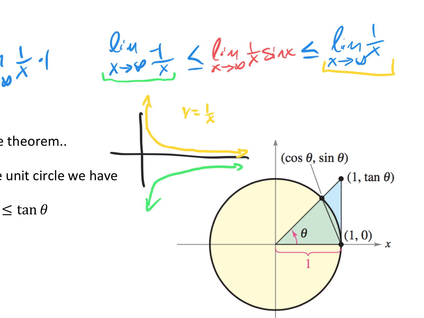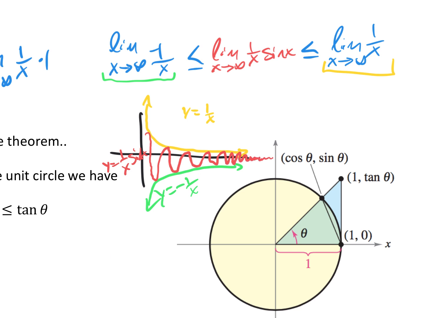Okay, well, what's happening with this red function here, the 1 over x sine x? First of all, let me write this. y equals negative 1 over x. And so y equals 1 over x sine x. Well, that's going to go something like this. It's going to bounce in between these two. It's always smaller than the yellow one and larger than the green one.